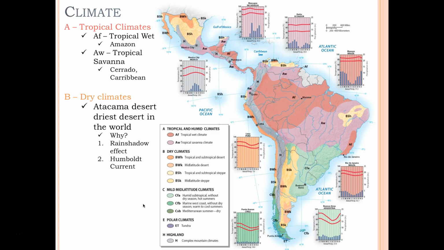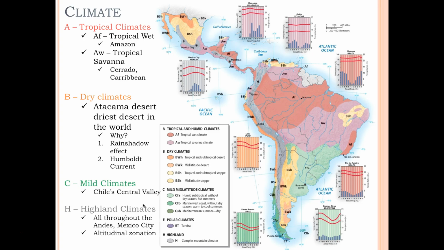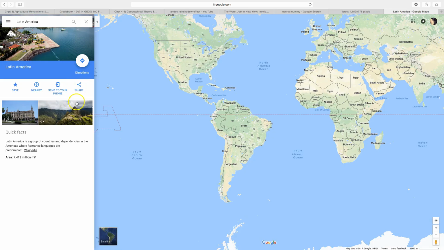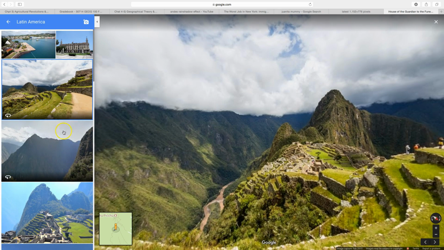Other climates are also found in Latin America, like mild climates and highland climates, and in particular, we will be talking about the role of this high topography in the historical development of the Inca. So let me take you to Google Earth, to this vast region of the world.